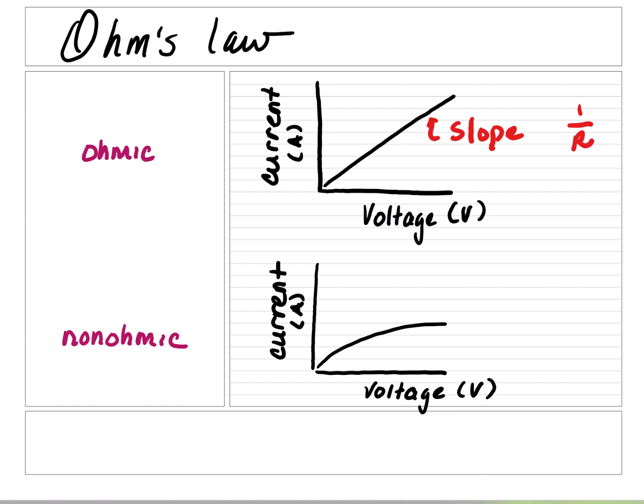When the graph is linear, we say it is ohmic. It tells you that as the current increases, voltage will increase proportionally. If I plot the current versus voltage and I get a curve, this is non-ohmic. An example of that is a diode.